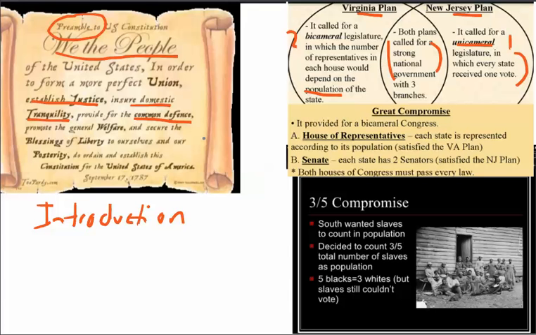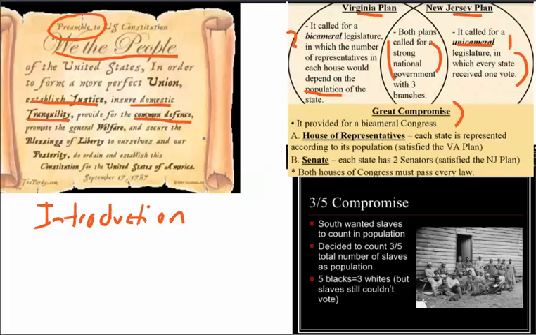Well, neither proposal got enough votes to pass, so a gentleman from Connecticut named Roger Sherman made a proposal which turns out to be called, in our history books, the Great Compromise. And the Great Compromise is a combination of the Virginia plan and the New Jersey plan.